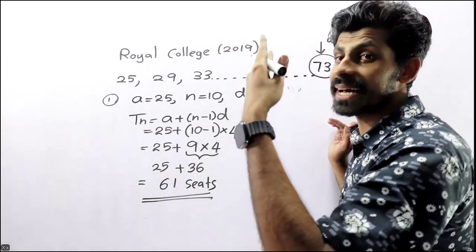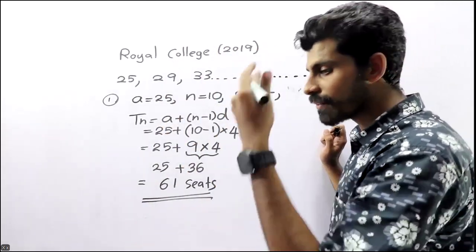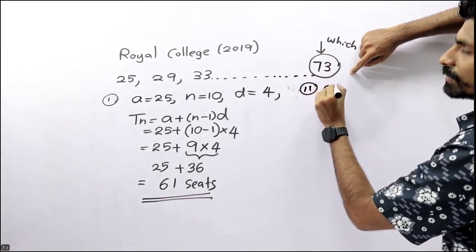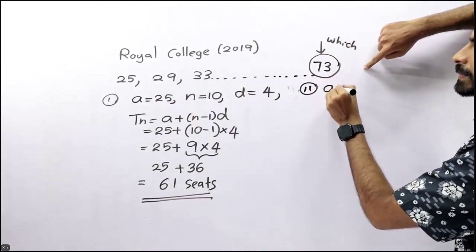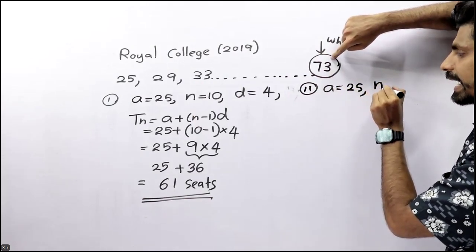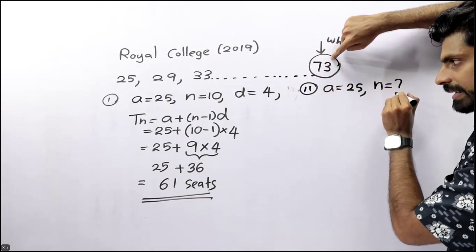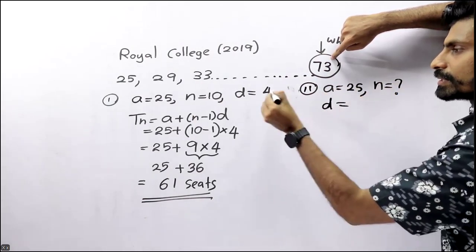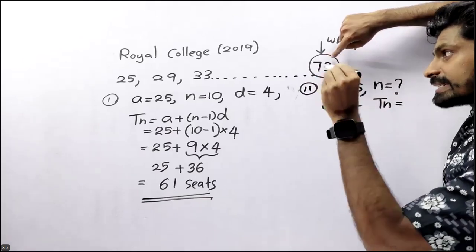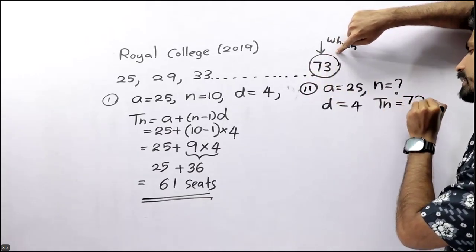Term number means they are asking the value of n. A equals 25, d equals 4, and we know the nth term Tn equals 73.